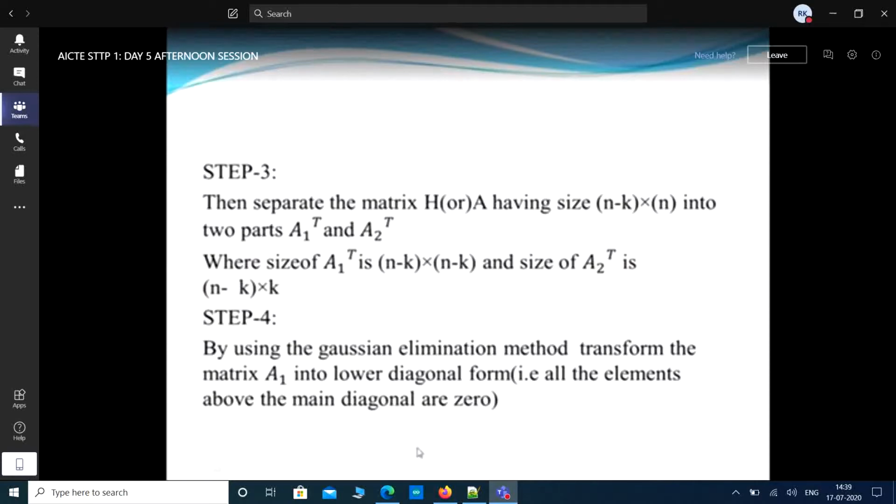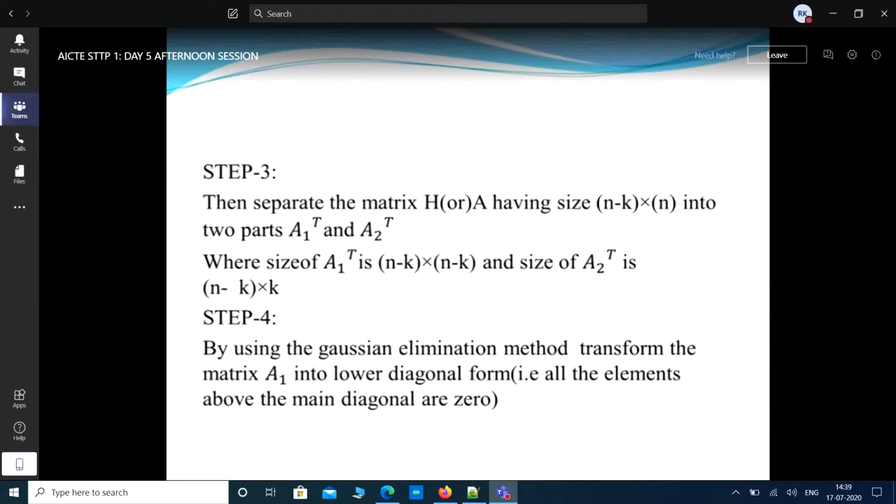The fourth step is using the Gaussian elimination method to transform the matrix. First the matrix is divided into A1 and A2. Then write down the A1 transpose matrix and A2 transpose matrix. After that, with the help of the Gaussian elimination method, transform A1 transpose into a lower diagonal form.